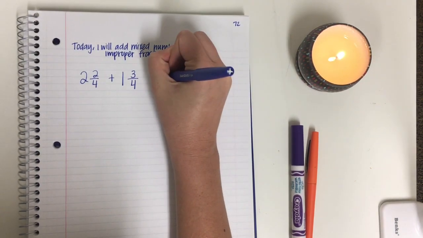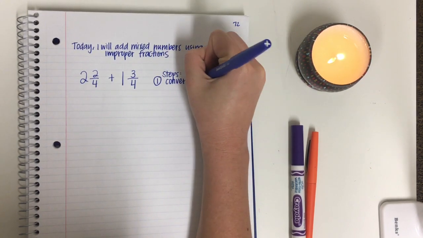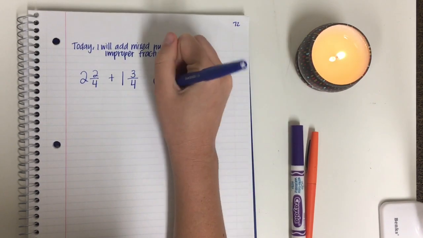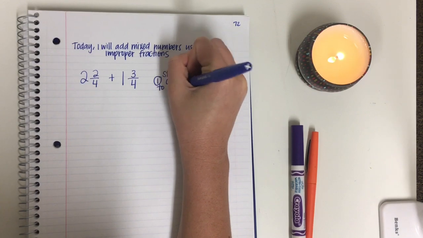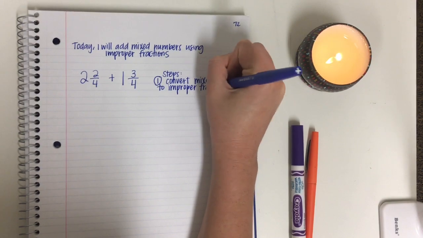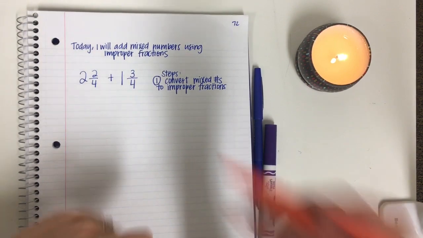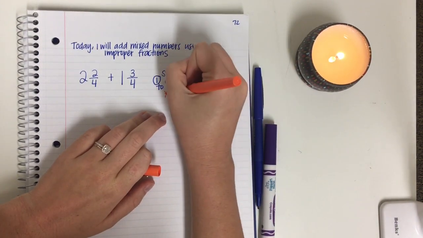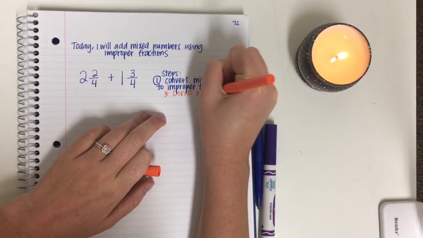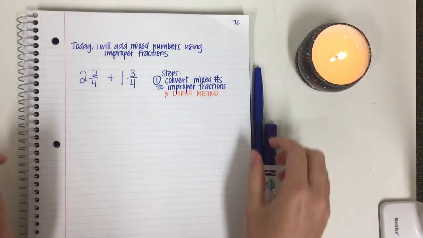Okay, so step 1, convert mixed numbers to improper fractions. And we call this our fave Dorito method. You should be getting more comfortable with this method, and we're going to use it today. Okay?